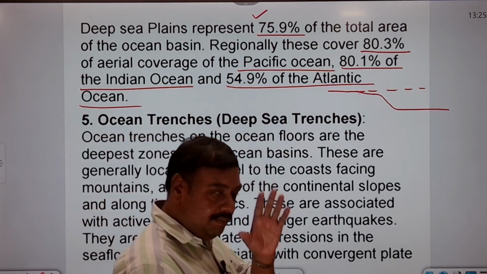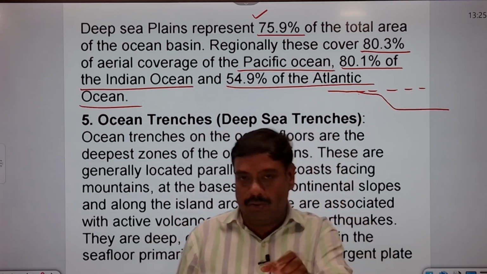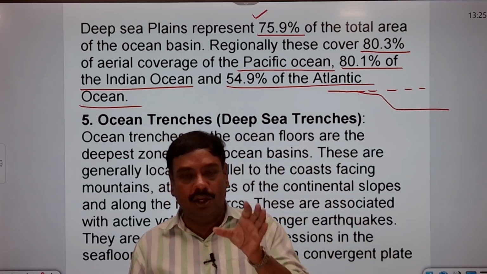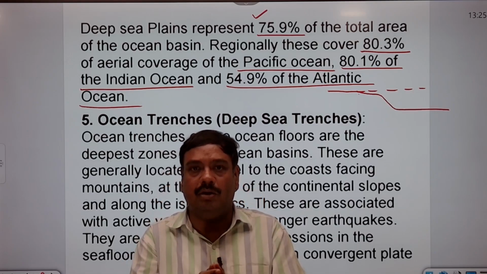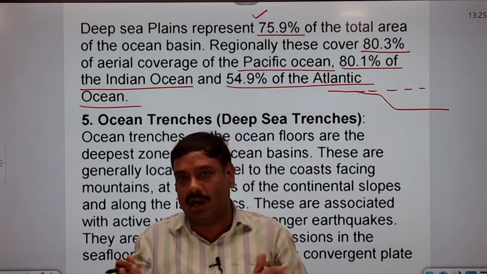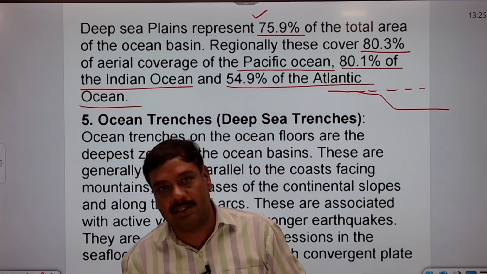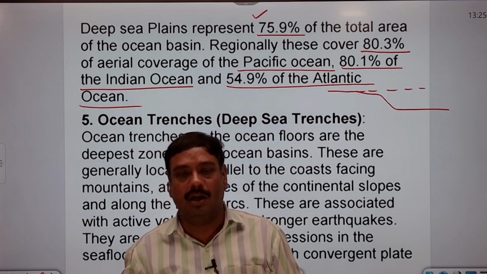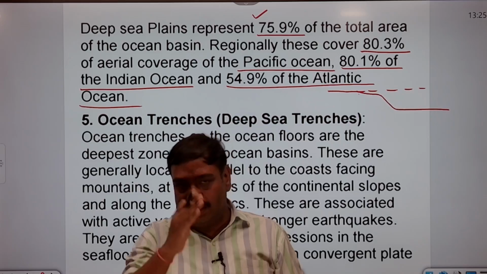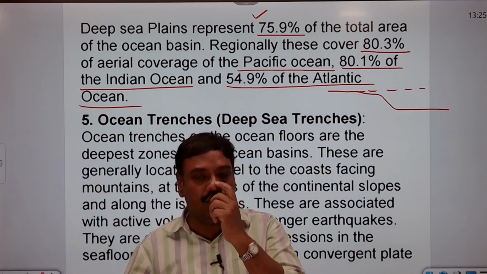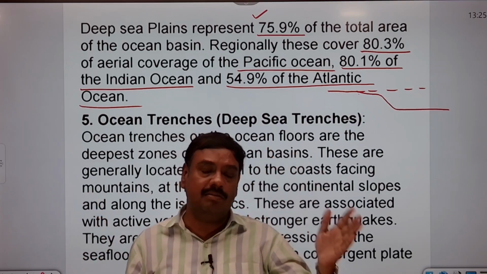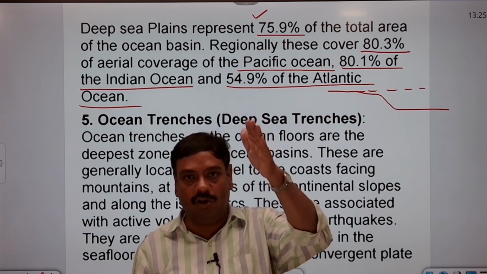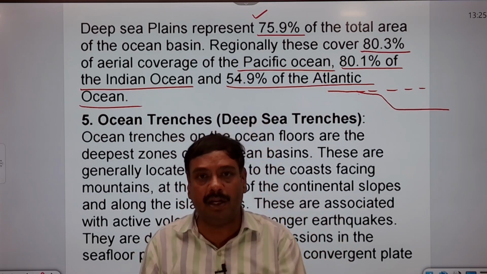Now, if you remember and see your map also, in your atlas, when you find the region of the Atlantic Ocean, from north to south, it is surrounded by the continental parts. Towards the eastern margin of the Atlantic Ocean, we have the European continent and the African continent. Towards the western margin, we have the North American continent and the South American continent.